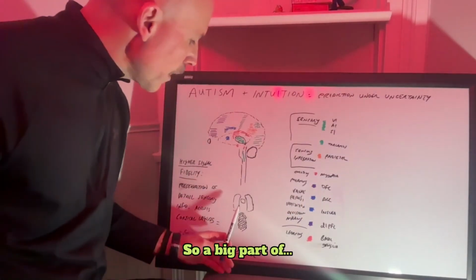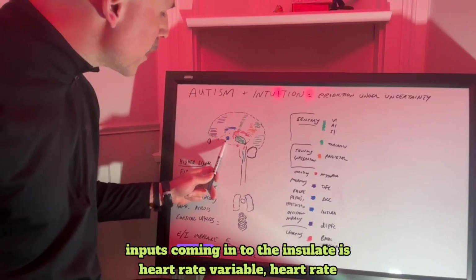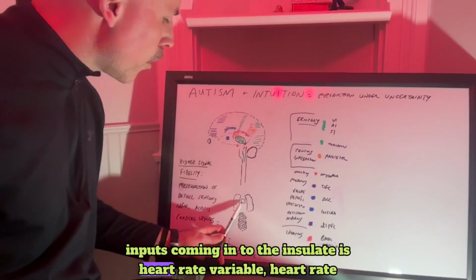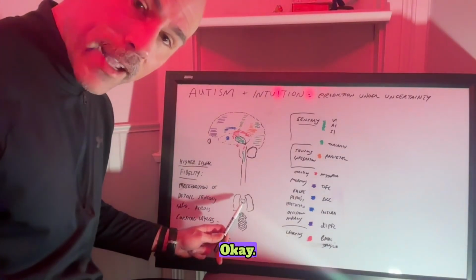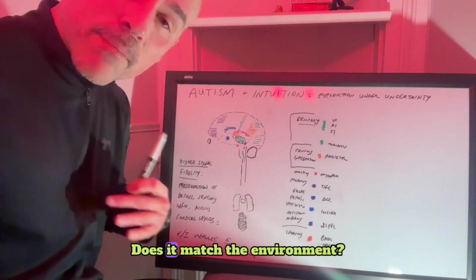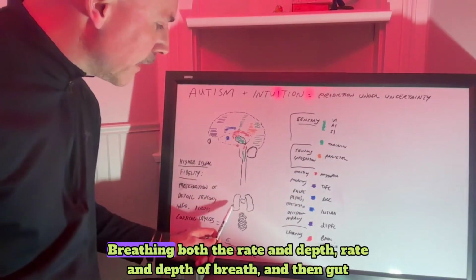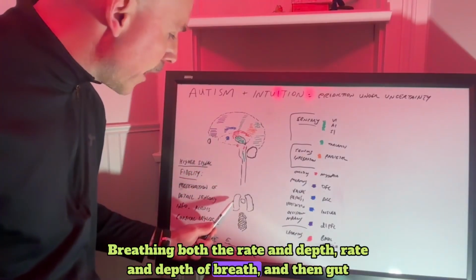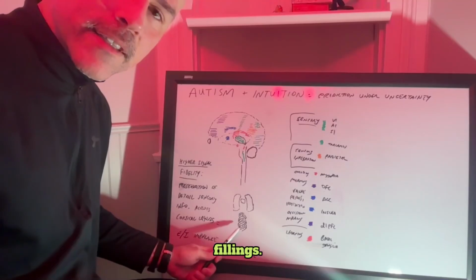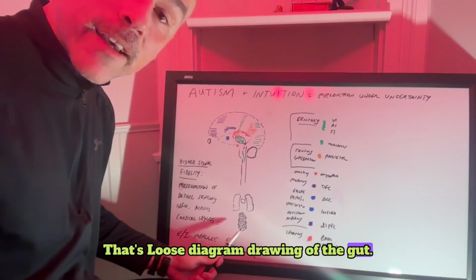So a big part of inputs coming in to the insula is heart rate variability, okay? Your heart rate, does it match the environment? Does it match the situation? Breathing, both the rate and depth of breath, and then gut feelings. Okay, that's my loose diagram drawing of the gut.